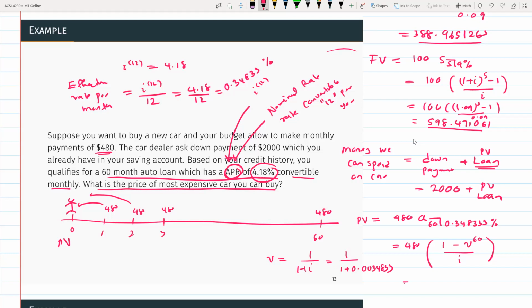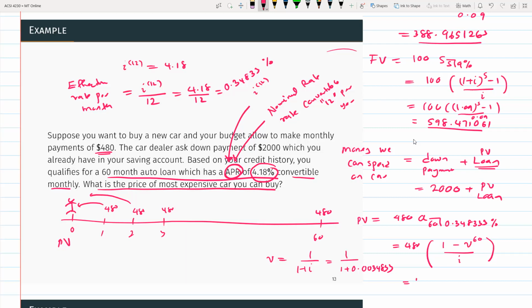So then I can use this to find the answer. You just use the calculator: 1 minus v^60, divided by 0.00348333, multiplied by 480.